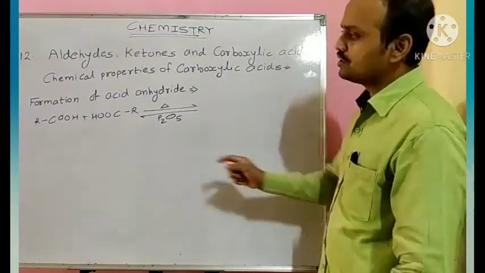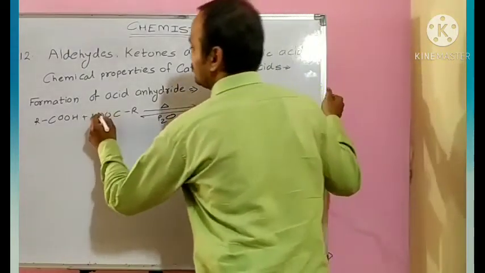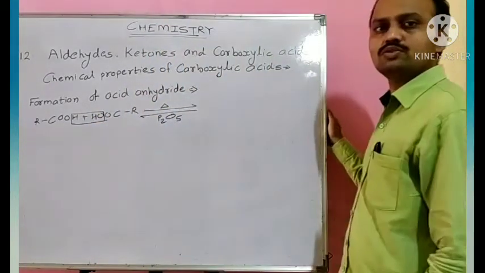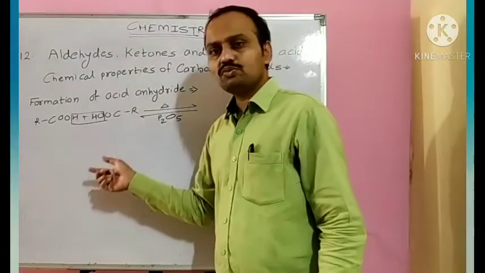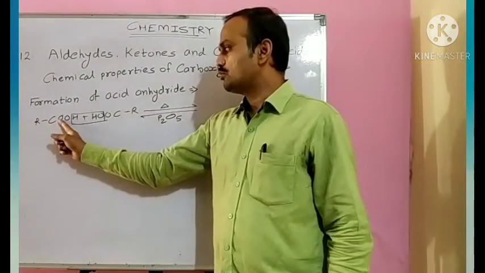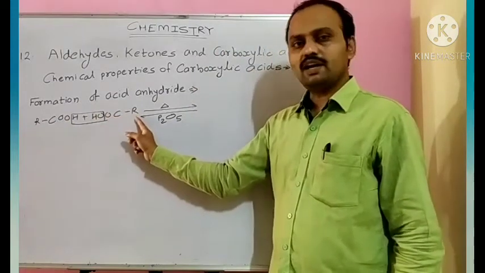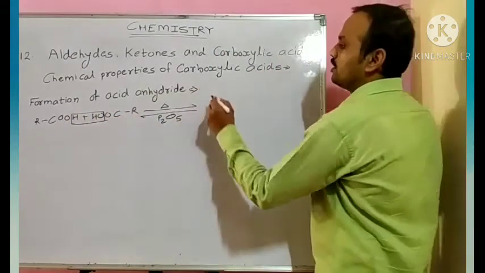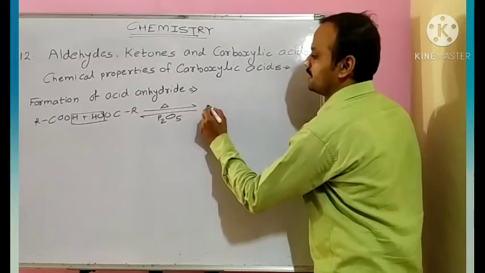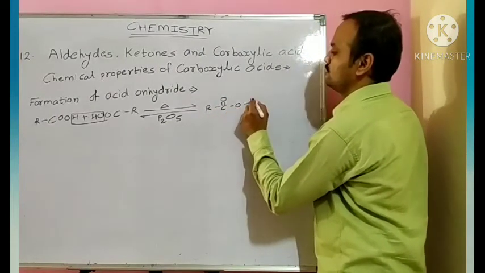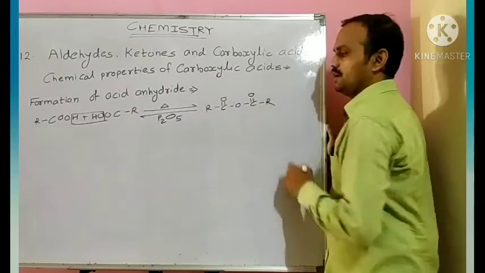Remember students, what happens in this reaction? This H2O molecule goes as the byproduct, and what we get? R, C double bond O, single bond O, C double bond O, and R. This is our acid anhydride.